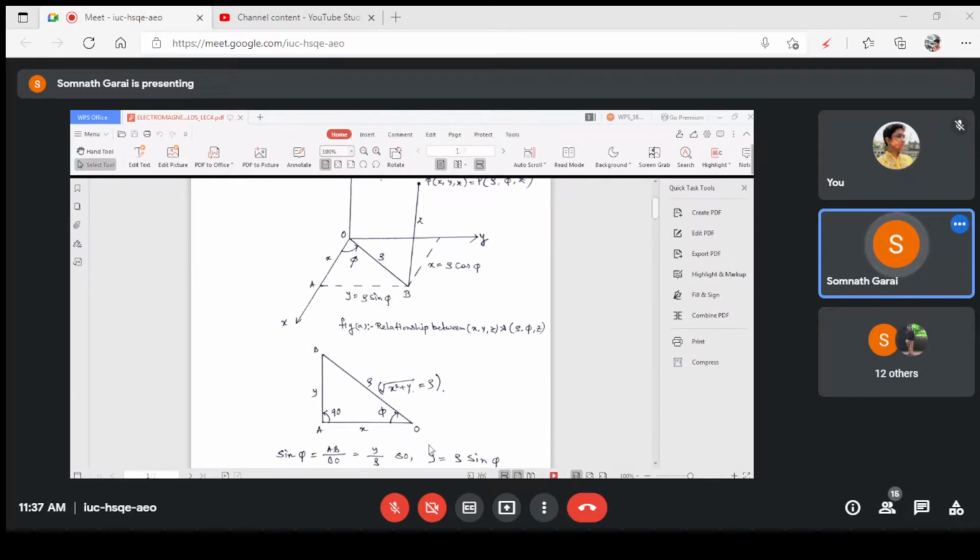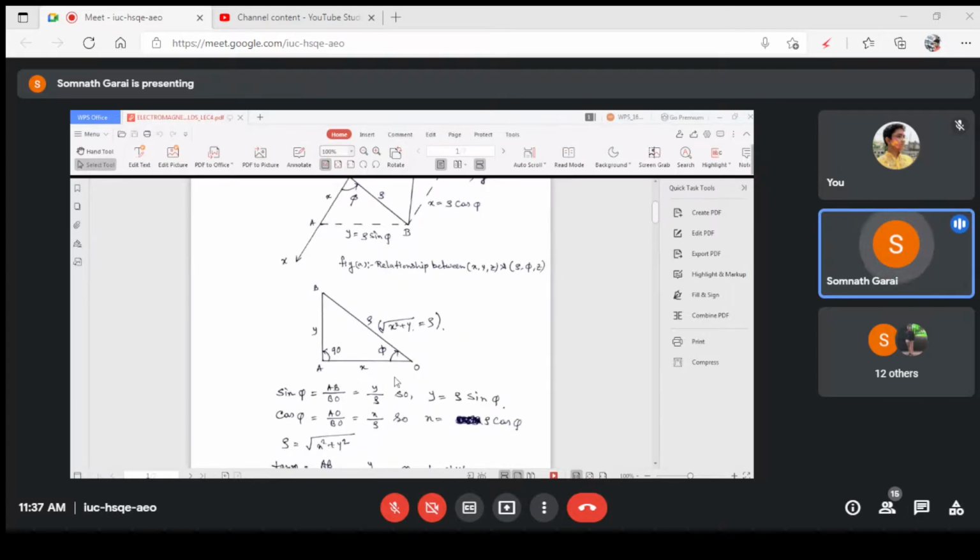So OB is equal to rho, AB, the second coordinate of the rectangular system, is equal to y, and OA, the first coordinate of the rectangular system, is x. So OA equals x, AB equals y, and OB equals rho.